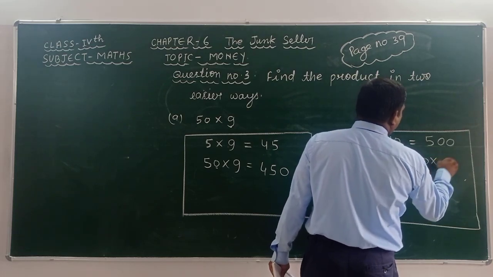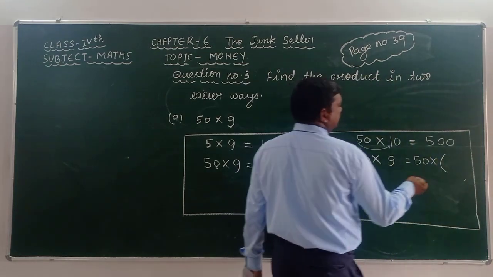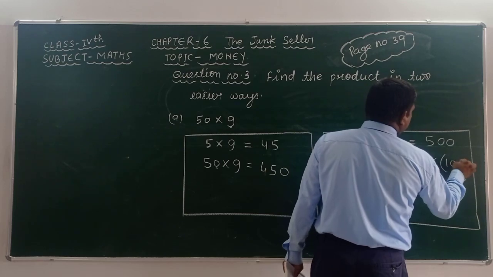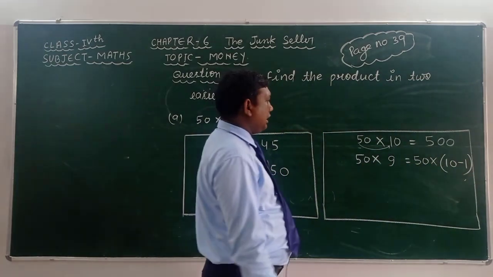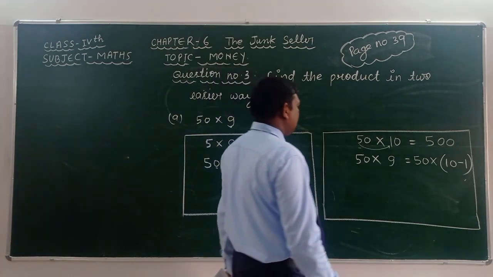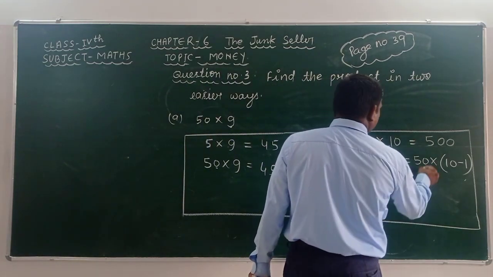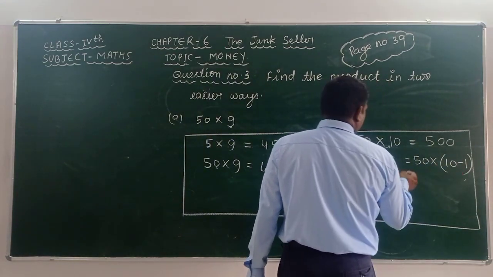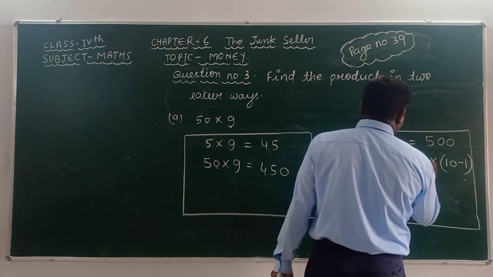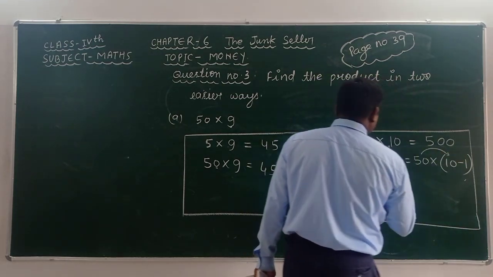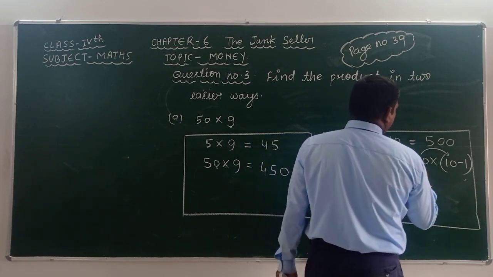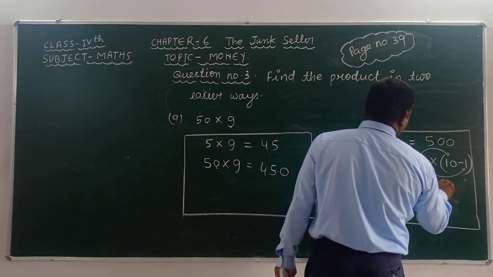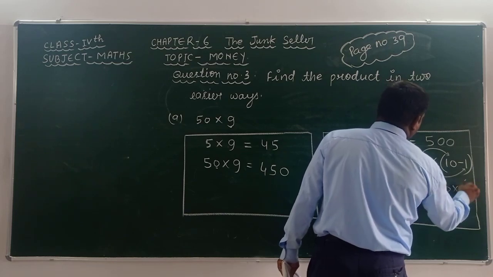50 into, this one we can write 10 minus 1 in place of 9. Therefore here we can write 50 into 10 minus 50 into 1.